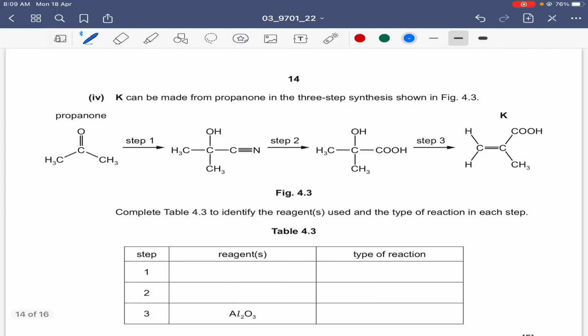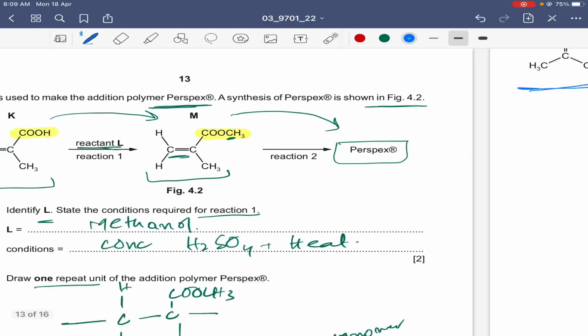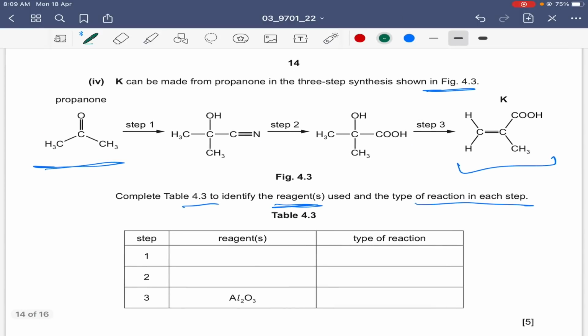All right, now the last part of this question is K can be made from propanone in the 3-step synthesis shown in figure 4.3. So this is K and it is made from propanone. Complete table 4.3 to identify the reagents used and the type of reaction in each step. All right, so first we have to write the reagent for step 1.